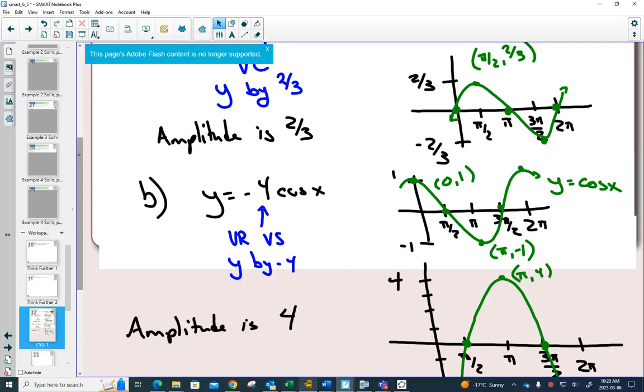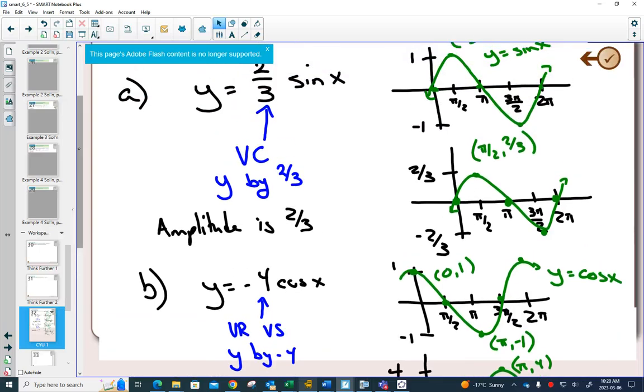The shortcut that you're going to notice with your amplitude or with a vertical stretch or compression is that your vertical stretches and compressions are going to affect your maximum and your minimum. On a normal sine graph, they're 1 to -1. When we multiplied by 2/3, now they're -2/3 to 2/3.